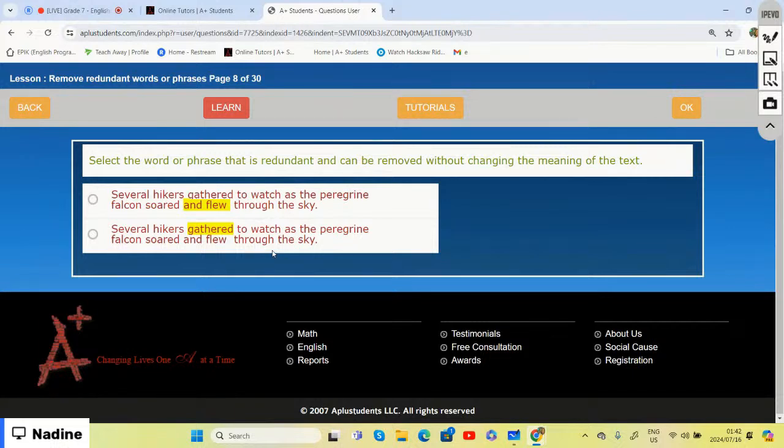So, several hikers gathered to watch as the peregrine falcon soared and flew through the sky. Which word is our redundant word that we can remove without changing the meaning of the text? Is it "and flew" or is it "gathered"?